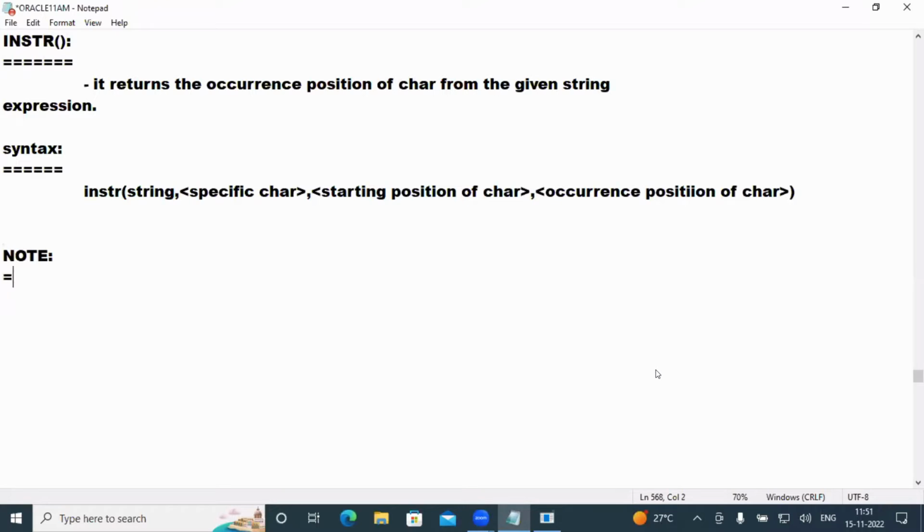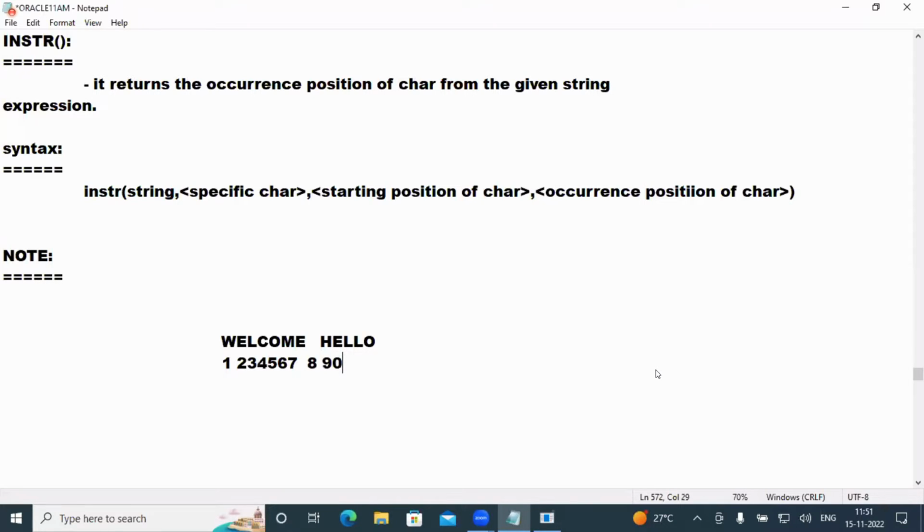What is my point here? Observe. This is your expression. Carefully observe, in this expression I'm counting the positions of characters. 1, 2, 3, 4, 5, 6, 7, and your space is also there, so space will be counted as 8. H is 9.